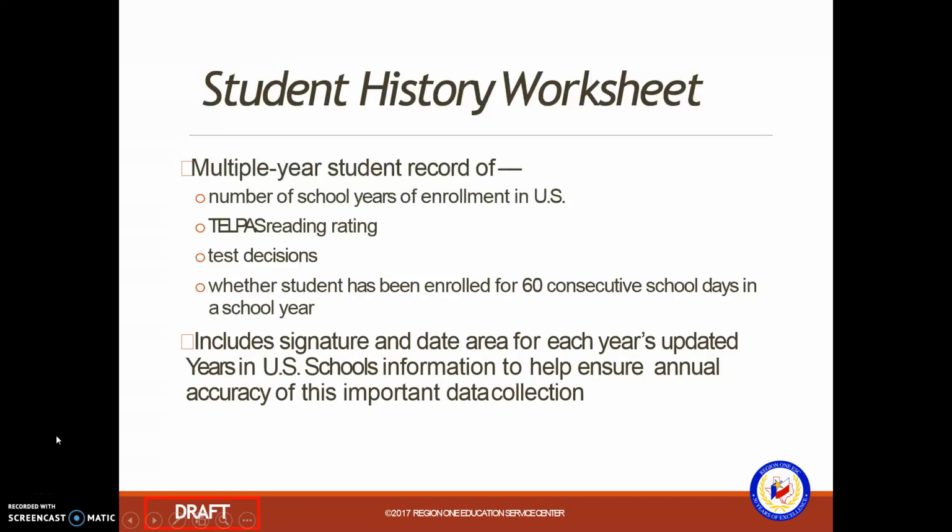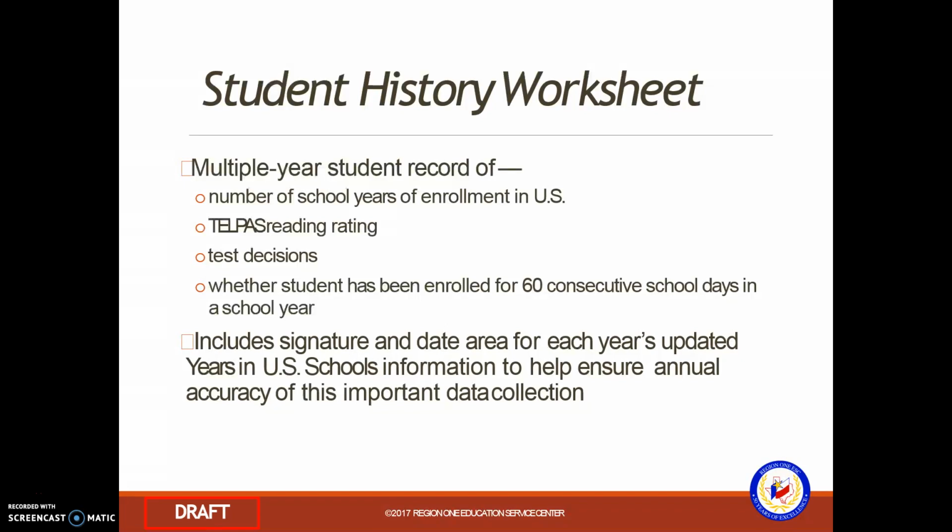Student History Worksheet. Remember, you must document the number of years of enrollment in U.S. schools, the TELPAS reading rating, any test decisions, and if a student has been enrolled 60 consecutive school days in a U.S. school, then that is considered 1 school year.